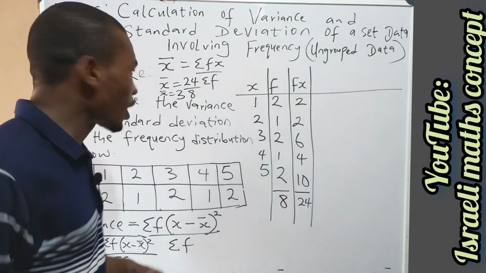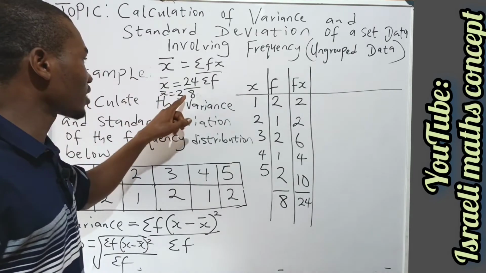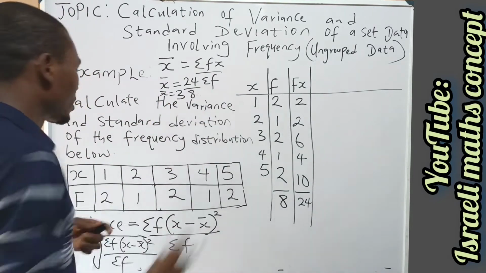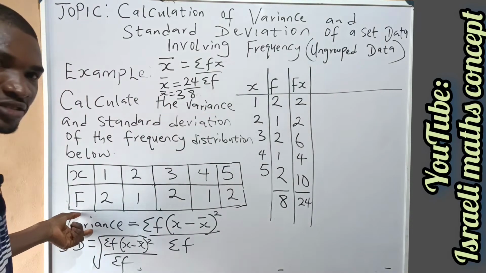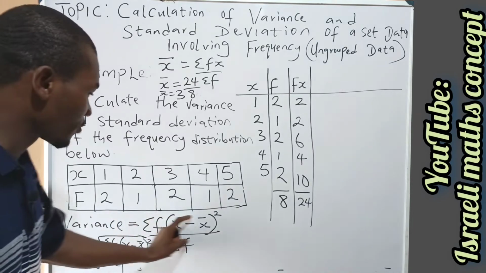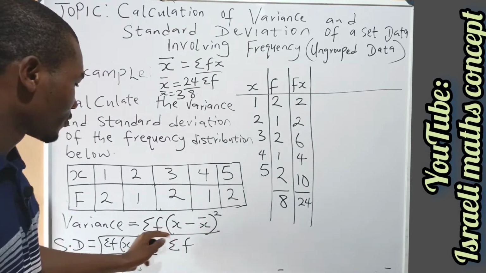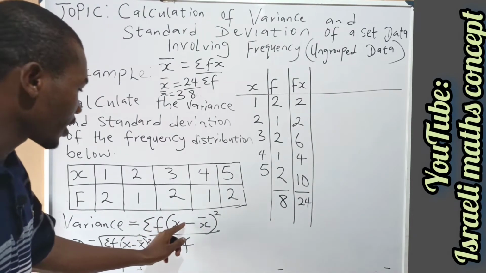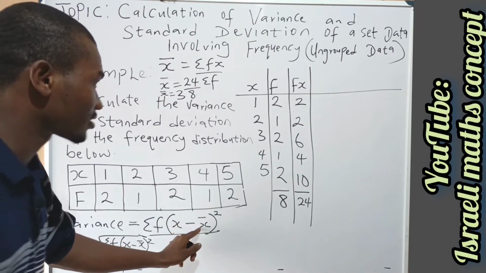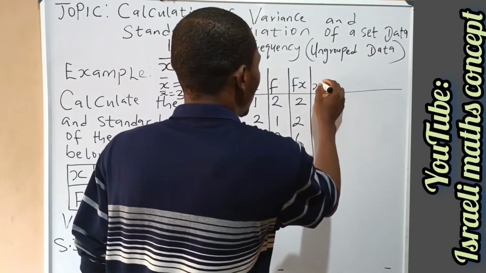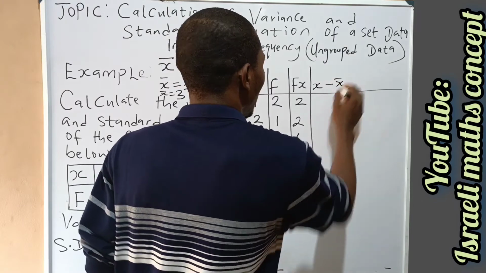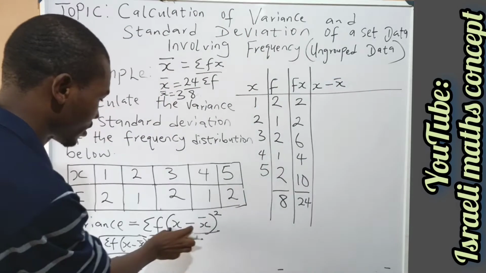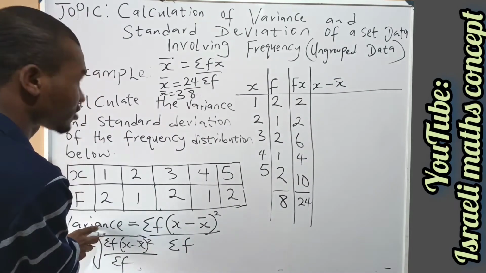Alright, having found our mean, bar x, as 3, let's go ahead to find our variance. And remember, this is the formula for our variance. Here we have x minus bar x as a combined parameter in this formula.